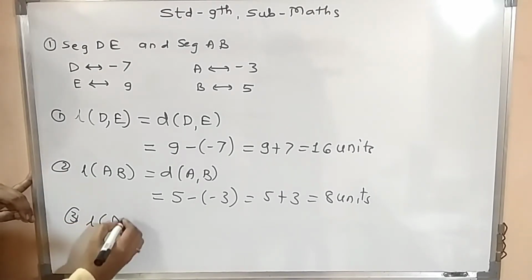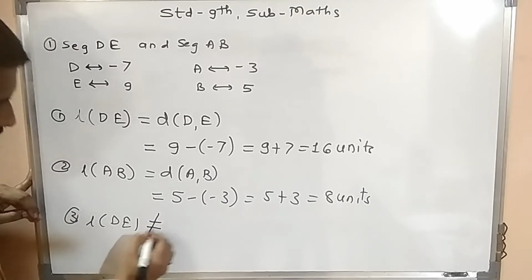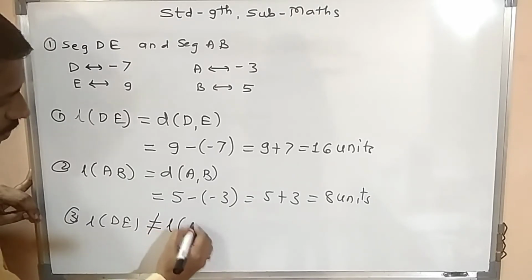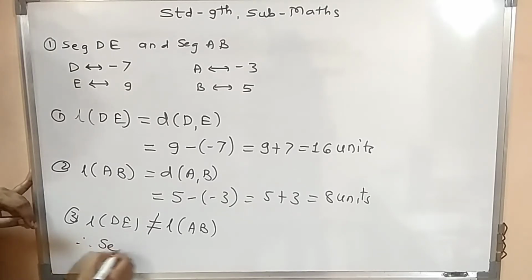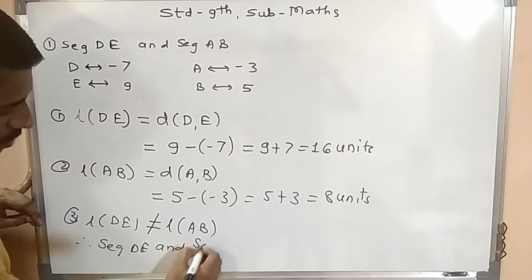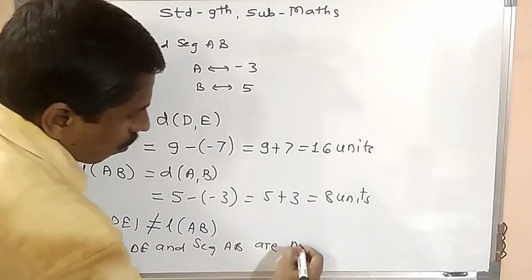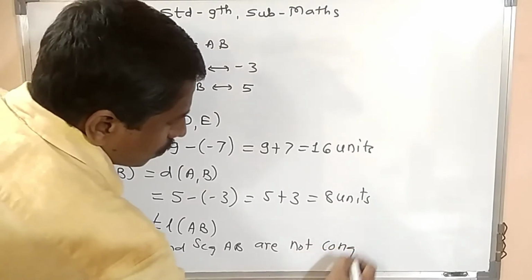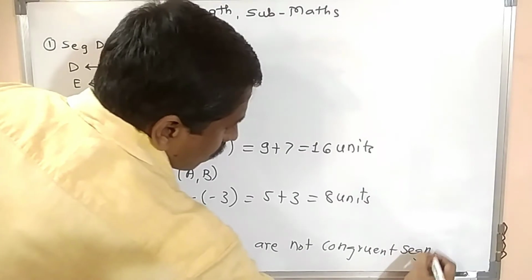The length of DE is not equal to the length of AB, and therefore segment DE and segment AB are not congruent segments.